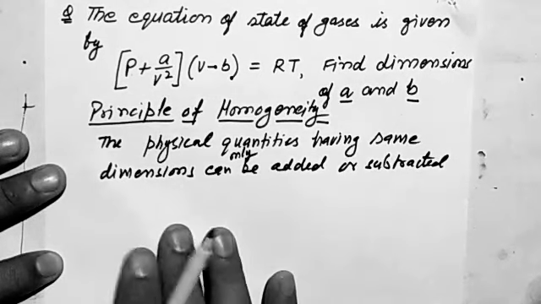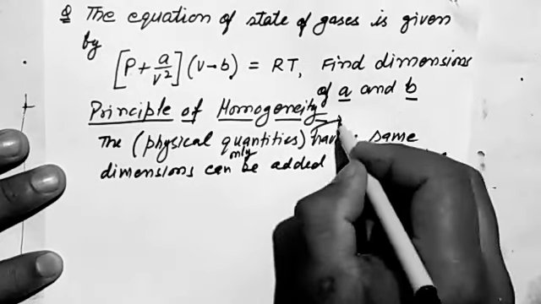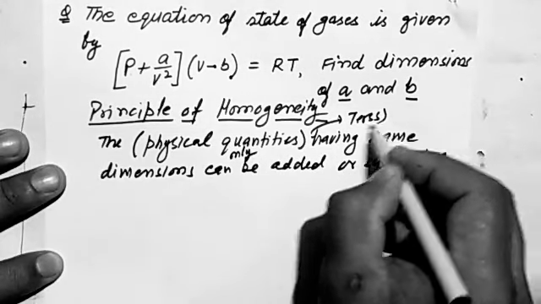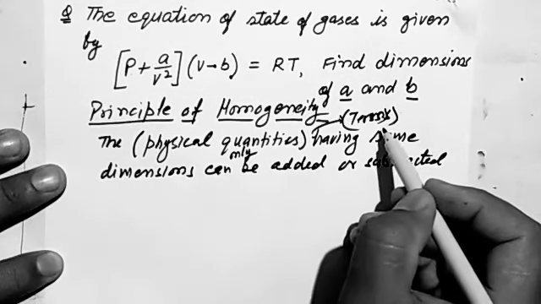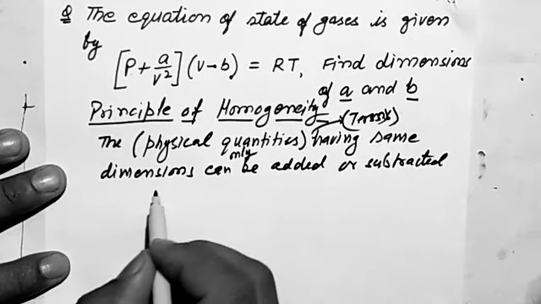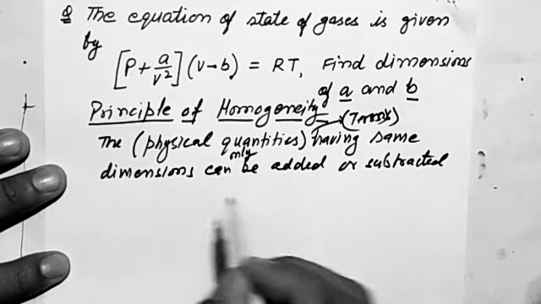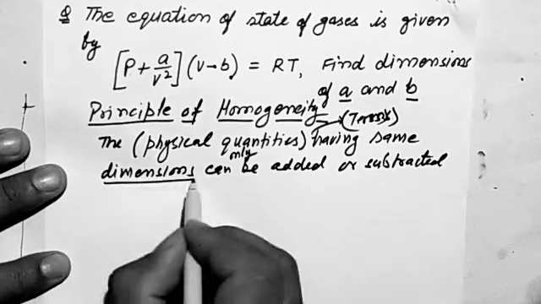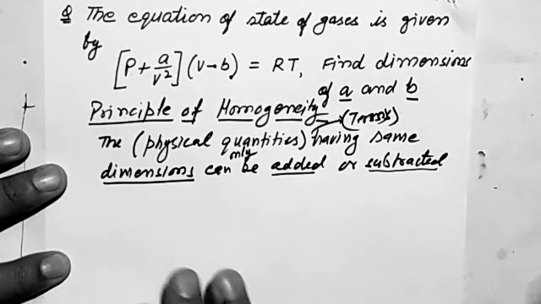What does it mean? If you want to add different physical quantities or terms, then they must have the same dimensions. Only then can they be added or subtracted.